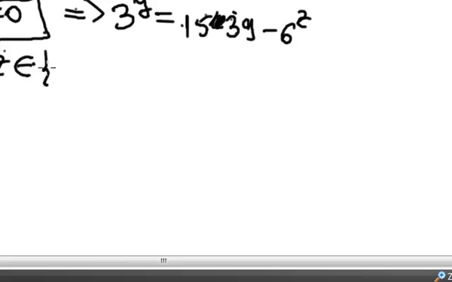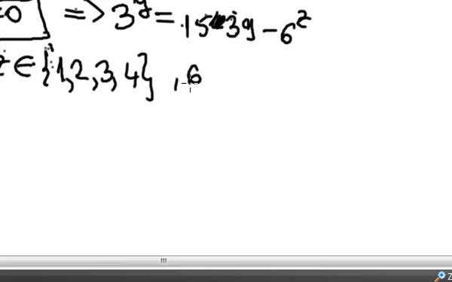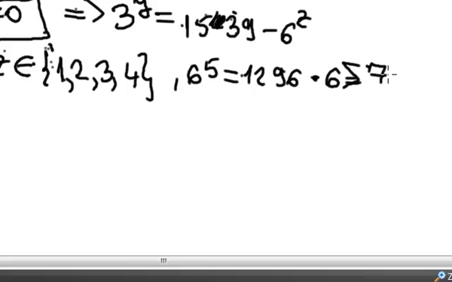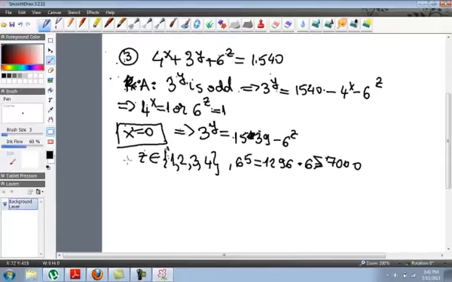It can have a range of values from the set 1, 2, 3, and 4, because 6 to the 5th power is 1296 times 6, which is anyway larger than 7,000, and obviously we have to try every value possible.